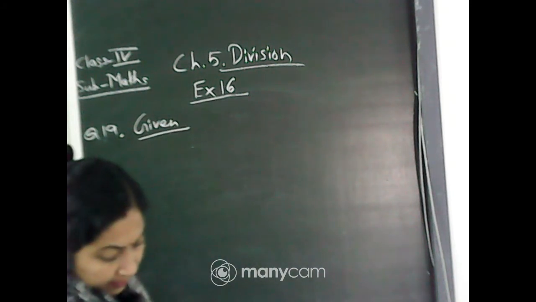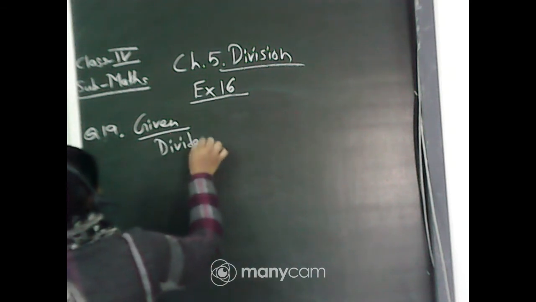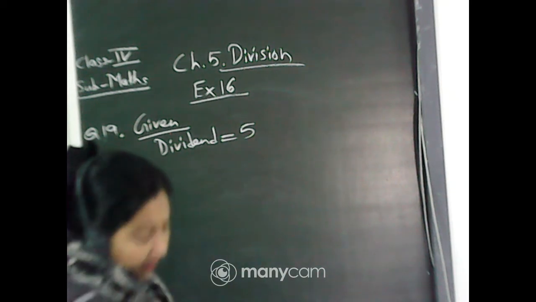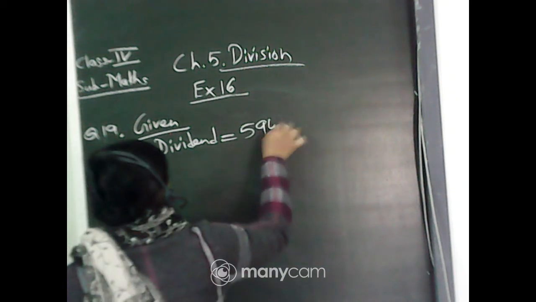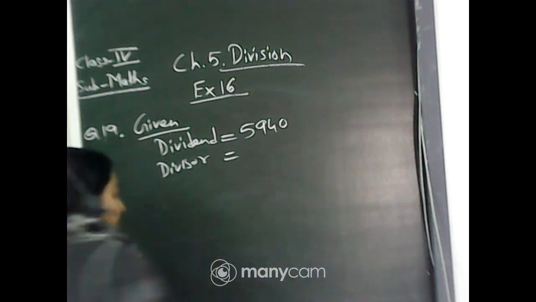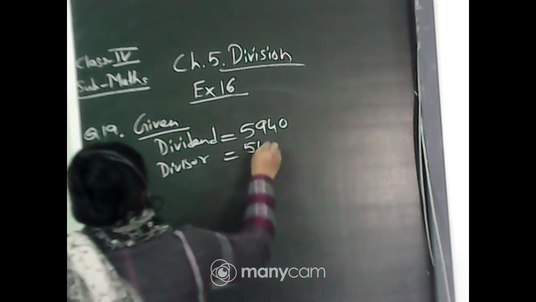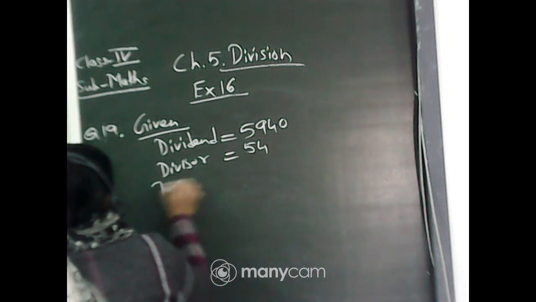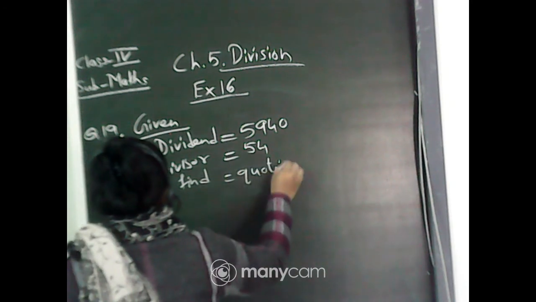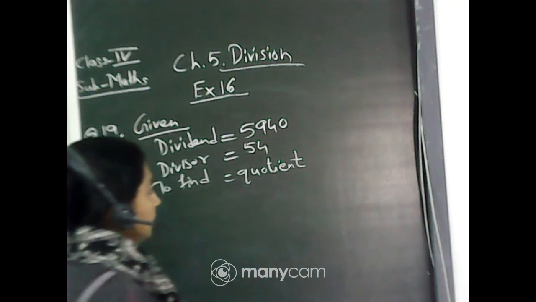It is given dividend is equal to 5,940 and divisor is equal to 54. Okay, this is given and you have to find the quotient. Since remainder is not given, we can assume that remainder is equal to 0.